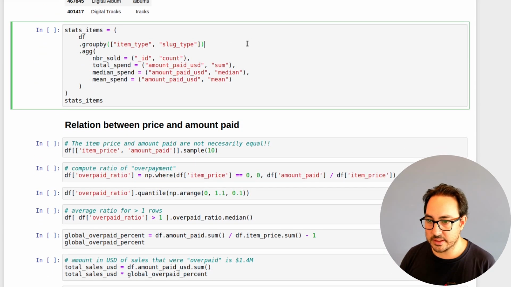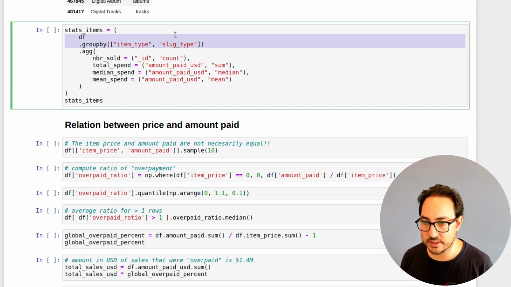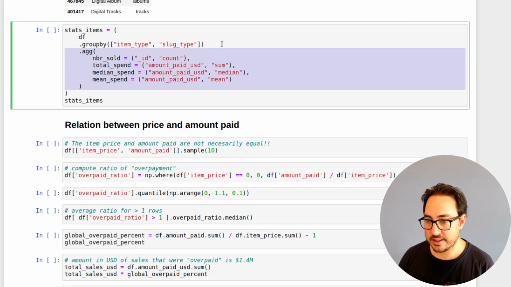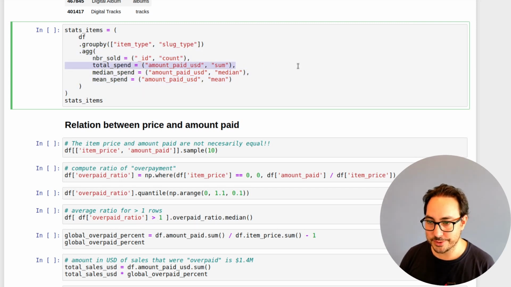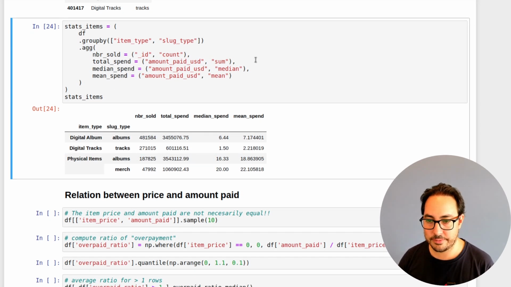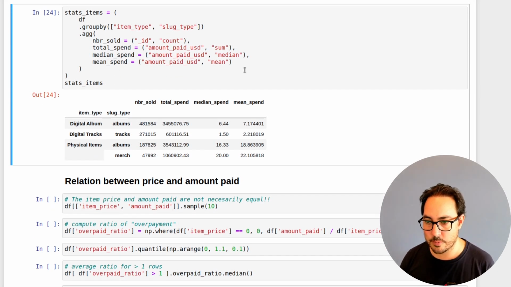What I've done here is start with the data frame, group by these two columns, and then do these aggregations that look very similar to what I did before. The only change is the total spend. This gives us an idea of the business, what's being sold more.